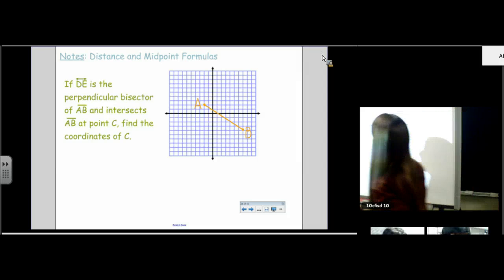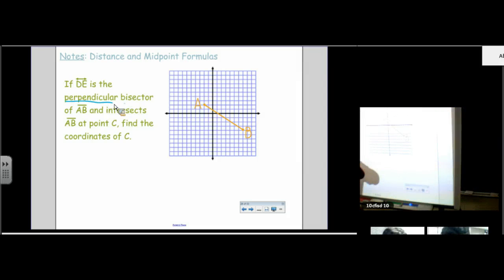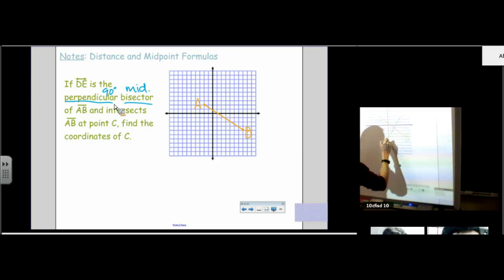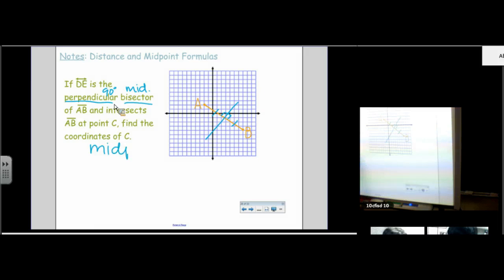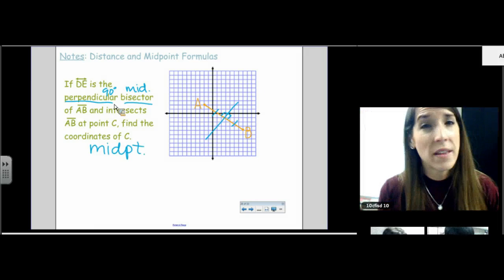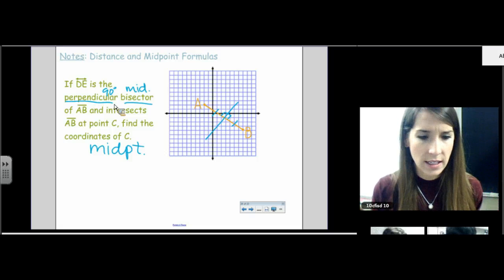If it's the perpendicular bisector, then that means it goes through the midpoint and it hits it at a 90-degree angle, right? So if I just eyeballed it, it would look something like that, even though that's not exact. So all I'm trying to find is really just a midpoint. So it's a problem that sounds complicated, but that really isn't that complicated.